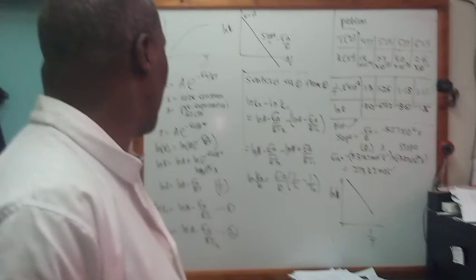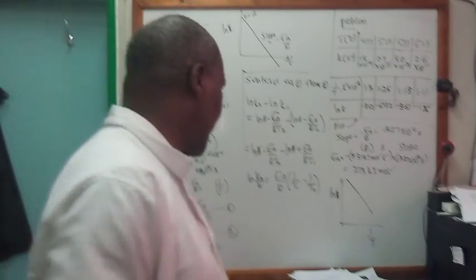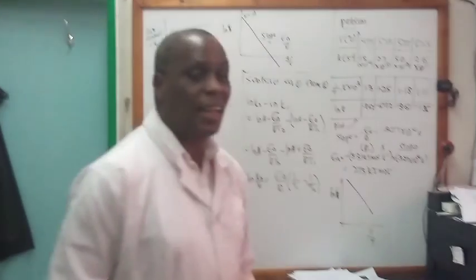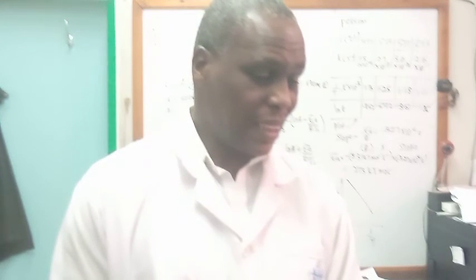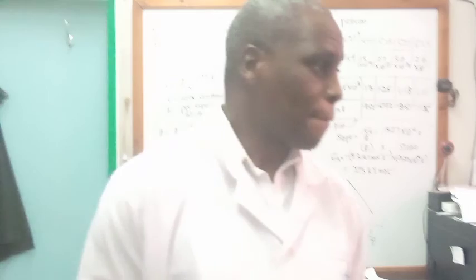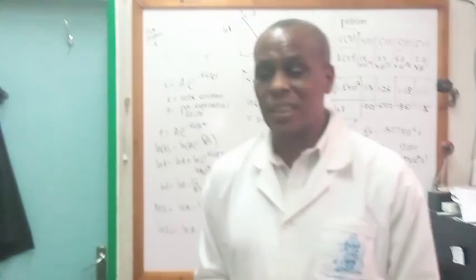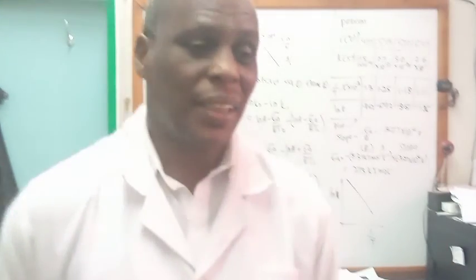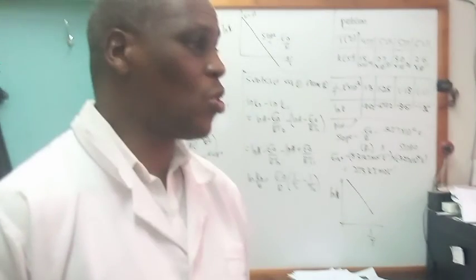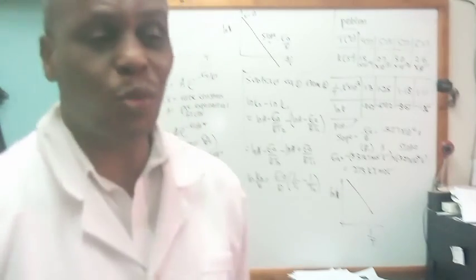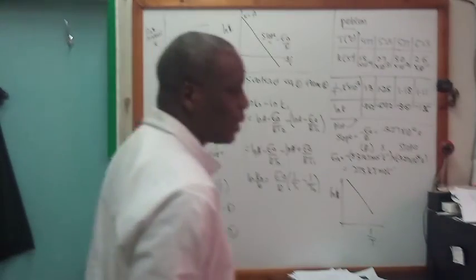So I think that's as much as I'll talk about the Arrhenius equation. From the tutorial questions and the past papers, you can look at how the solved questions dealing with the Arrhenius equation have been tackled.